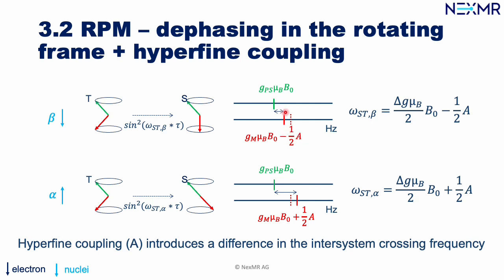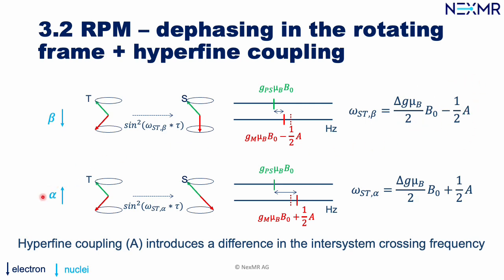Now you see that we have a smaller resonance frequency for this electron. This means that we also have a smaller difference in frequency and a smaller frequency of dephasing. So it dephases less fast, meaning that the triplet singlet mixing frequency for the beta spin state is smaller. It's basically the same frequency as earlier, minus 1.5.